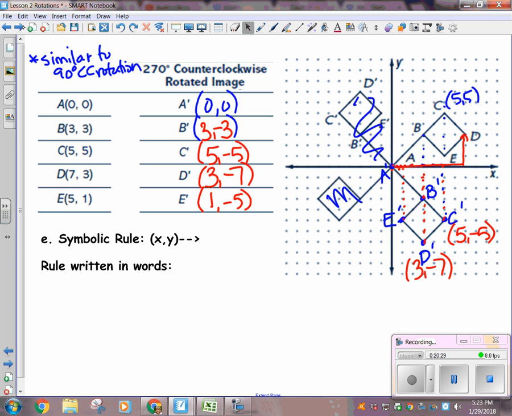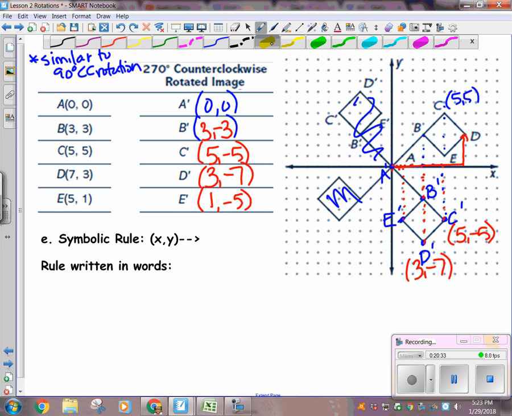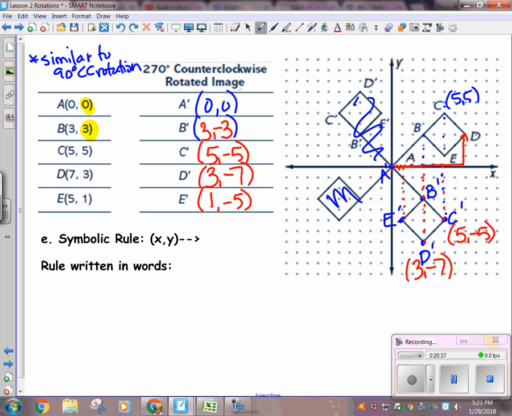All right, what is the pattern? Here is the pattern. Take a look at your Y's. Y's are 0, 3, 5, 3, 1. Now X's are 0, 3, 5, 3, 1. My Y's and my X's switch places.